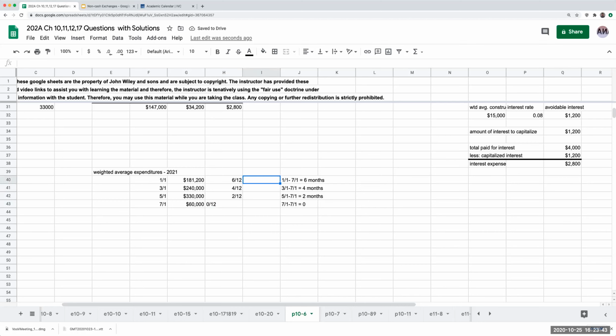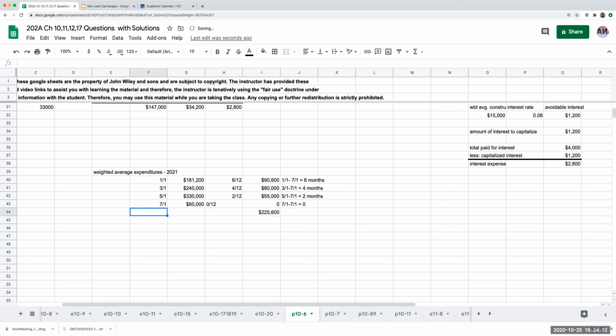So when I multiply these through in terms of determining my weighted average expenditures, this is going to be 281,200 times 6/12ths. This is going to be 240,000 times 4/12ths. This is going to be 330,000 times 2/12ths, and this here will be 0.